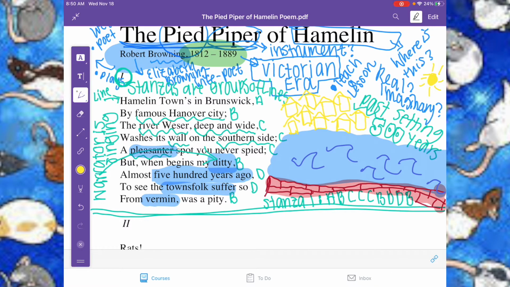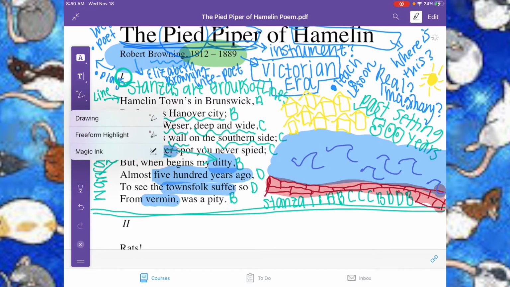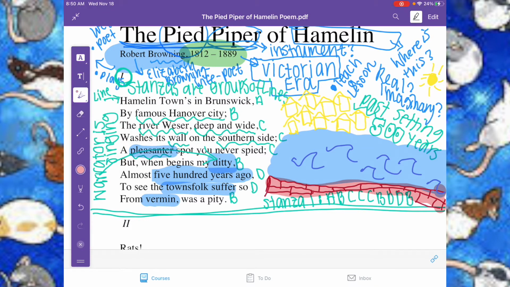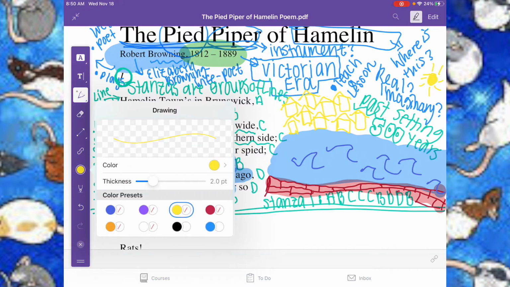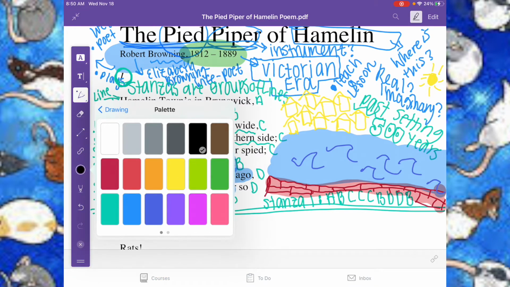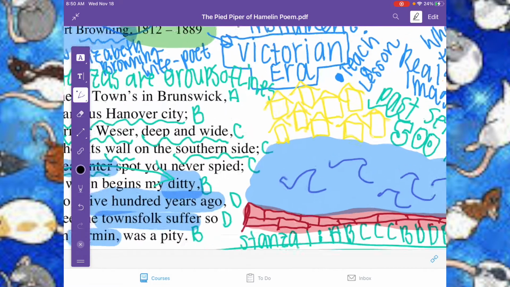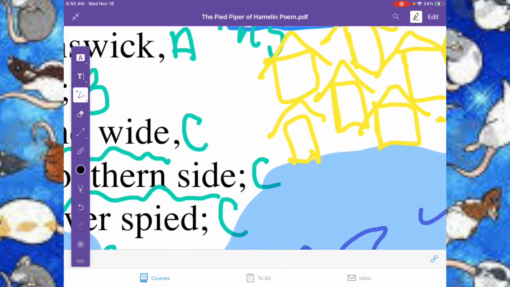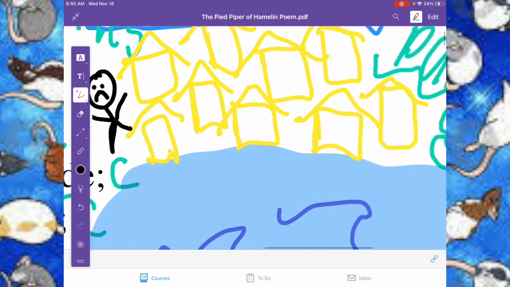But unfortunately, the townsfolk, they are suffering from vermin. So we want to represent that here. So you would think that the people that are living here are super happy because it's a beautiful, pleasant place. But I'm gonna draw townsfolk here. They are upset.